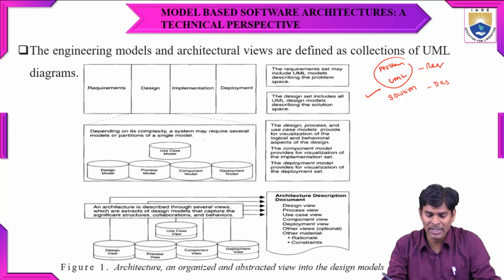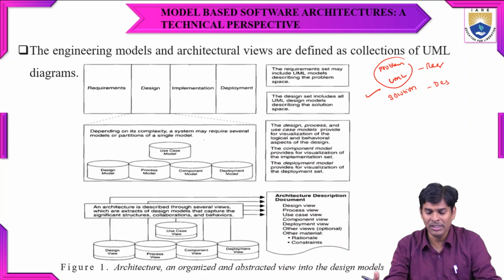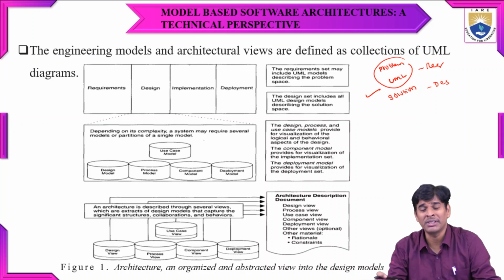And the next one is implementation and deployment. Implementation is nothing but how the components can be implemented. There we are going to use the source of the different types of components. Deployment means we are going to give demonstrations of what you are going to implement in the components.